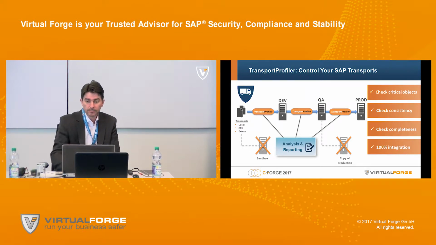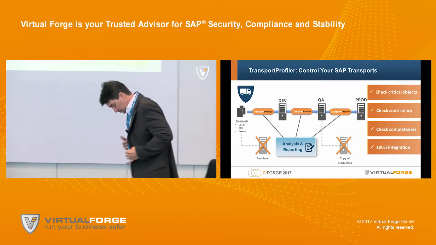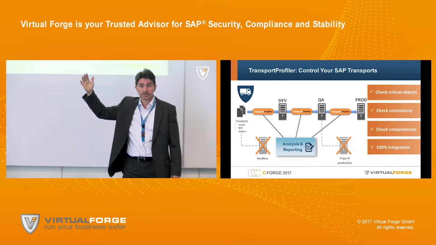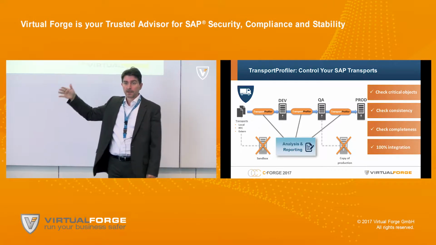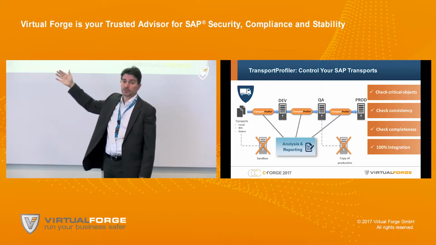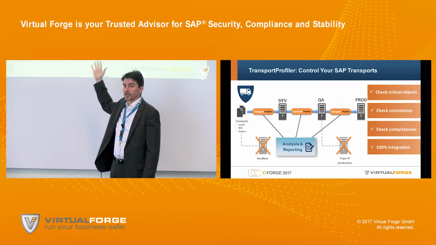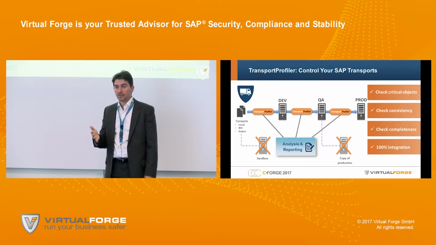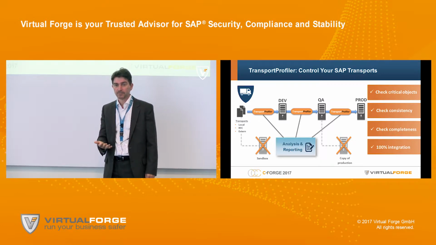start with an overview. And maybe you already saw this slide. That's okay. This slide should show that you can protect your system wherever you get a transport from. Wherever you would like to import a transport, be it the development system, the QA system or the production, you can use Transport Profiler to protect your system, to get no information or data into your system without validating them before you import them.